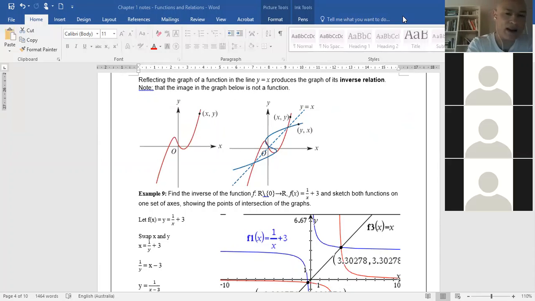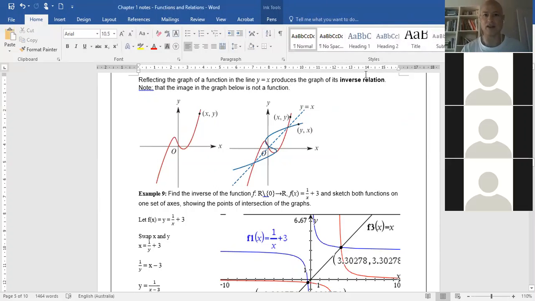Now, when we graph a function and its inverse, they are reflected in the line y equals x. So if I've got this dotted line here, which is y equals x, and the red one, that's the function, then the inverse I can find because they will cross at y equals x.